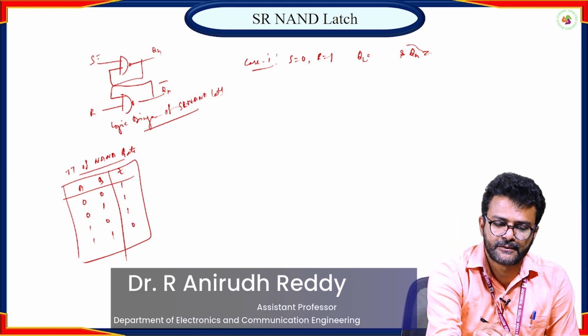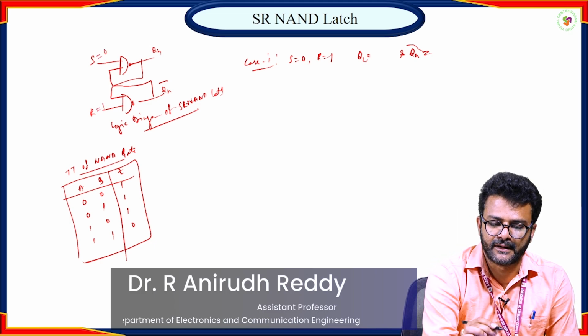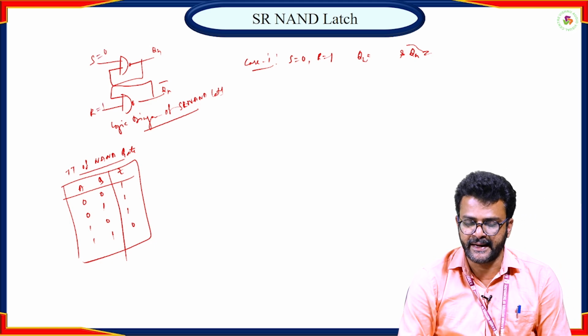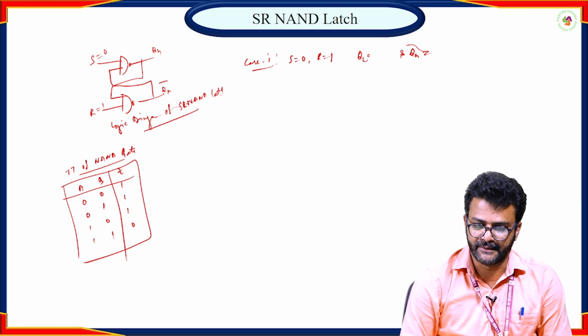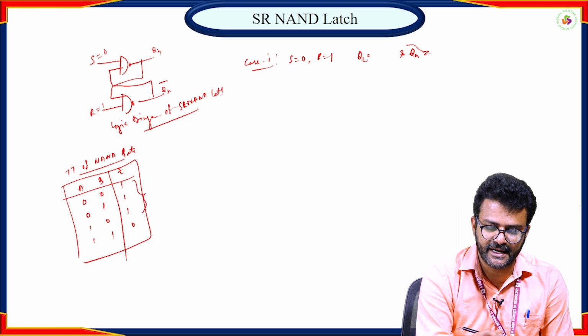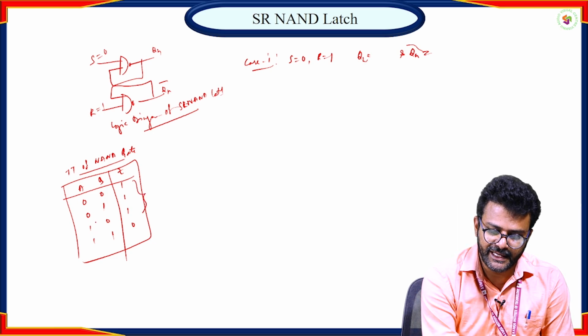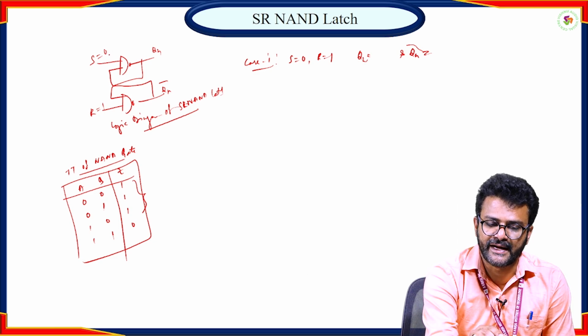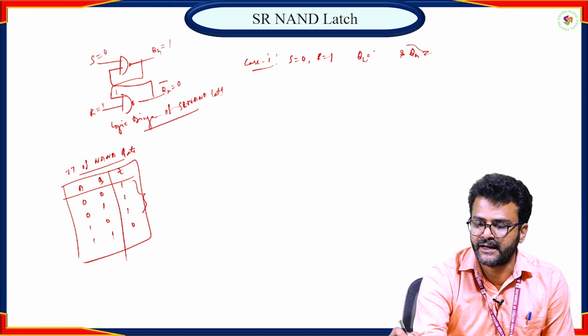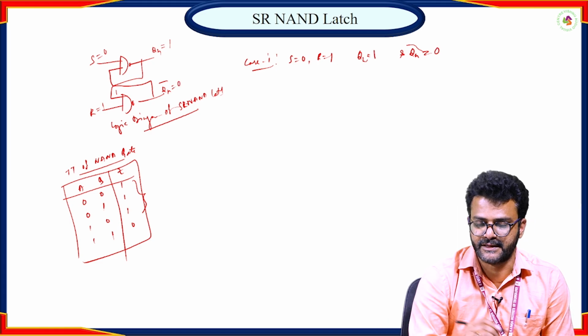If you observe the truth table of the NAND gate, if any one of the inputs is low, the output will automatically be high. Here S value is low, so the output will be 1, and this 1 will be passed across. If both the inputs are 1 1, as per the truth table of the NAND gate, we are going to get 0. So that's why it is 1 and it is 0.